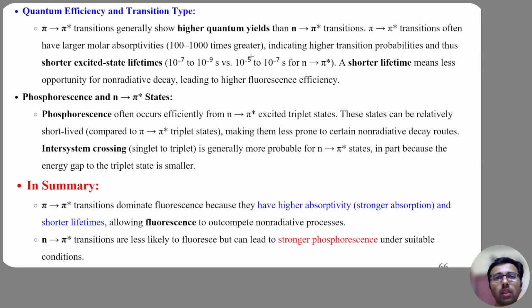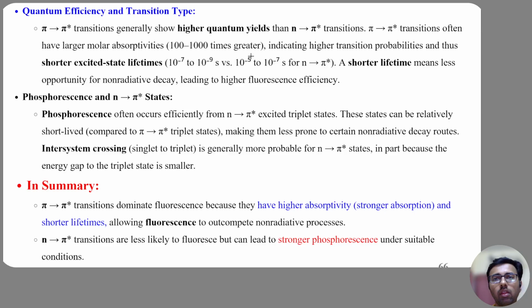This produces a very short excited state lifetime, 10 raised to minus 7 to 10 raised to minus 9 seconds. In contrast, n to pi star lifetimes are longer, 10 raised to minus 5 to 10 raised to minus 7 seconds. A shorter lifetime means less time for non-radiative decay, therefore higher fluorescence efficiency.